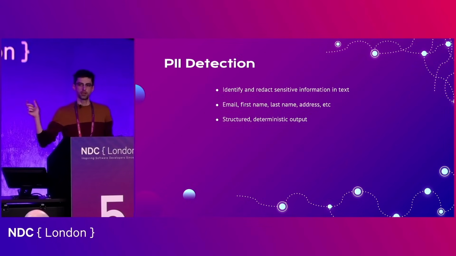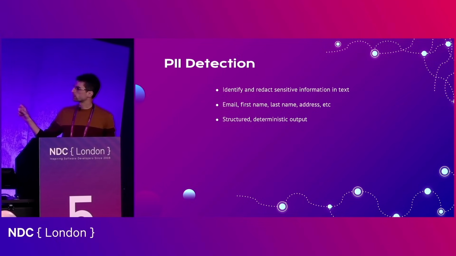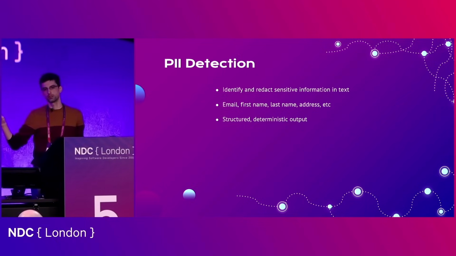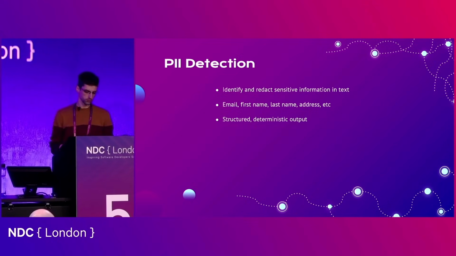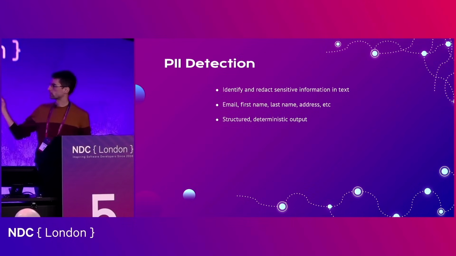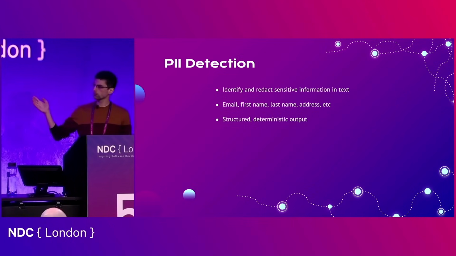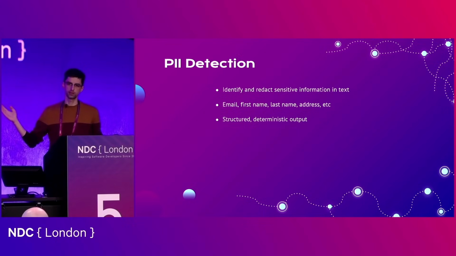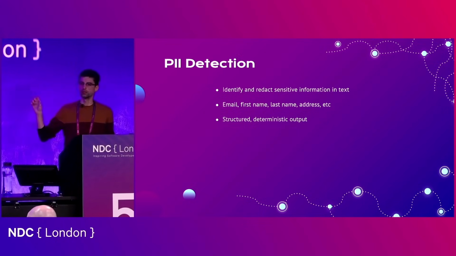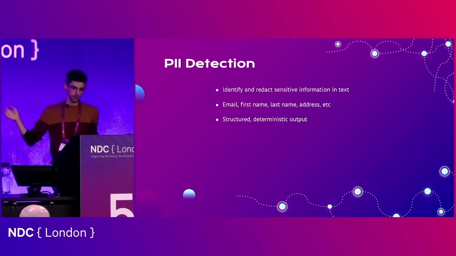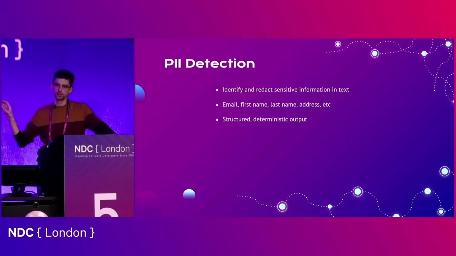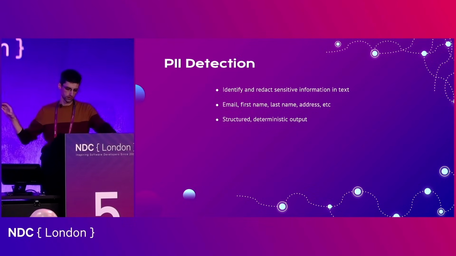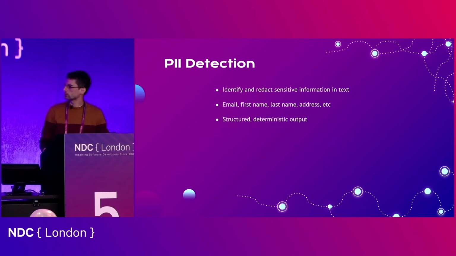It can find and also redact the personal information from the text, so we will get back the result without any personal information. It's not similar to sentiment analysis. It's not a generative task. It's very deterministic because it will simply remove the personal information, and it will also give us all the personal information that it detected separately, so we can process them if we need to.